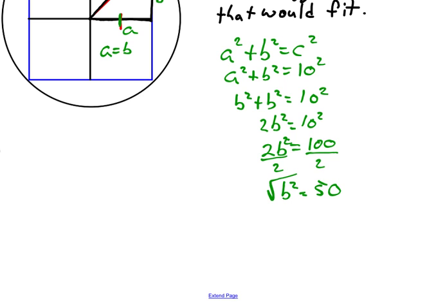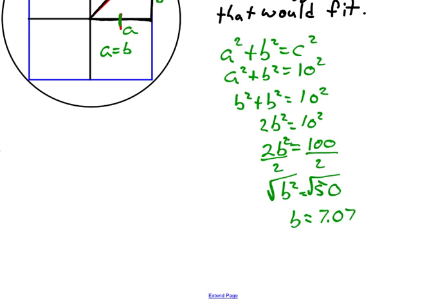Then I take the square root of both sides. Therefore, b is equal to the square root of 50, which is about 7.07. So that's grand.